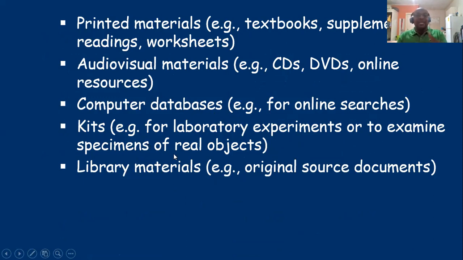They include guides for those doing sciences to enhance laboratory experiments, or sometimes even to examine specimens of real objects. And they also may include library materials, for example, original source documents.